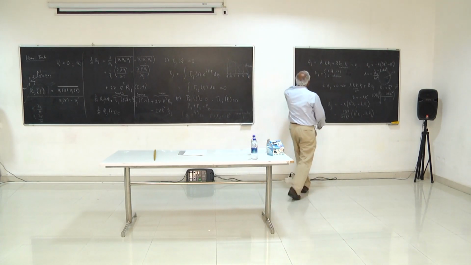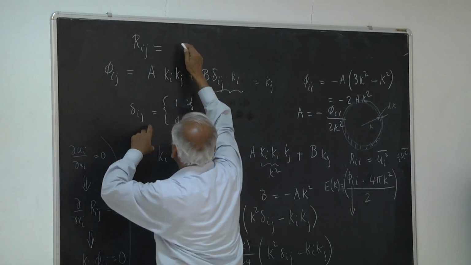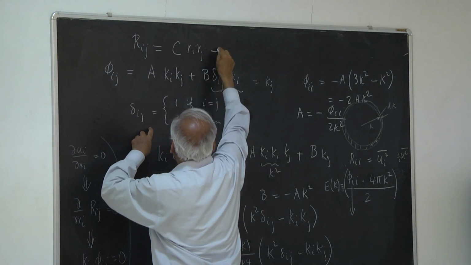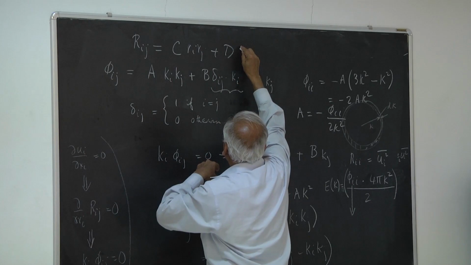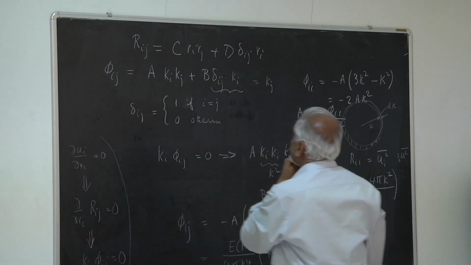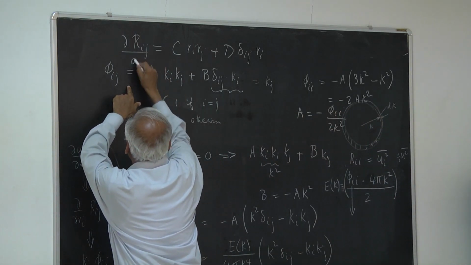Similarly, you can do this for Rij. It's somewhat more complicated. This is equal to, let's say, C ri rj plus D delta ij. So that's the form it will take, and you will have to do that.